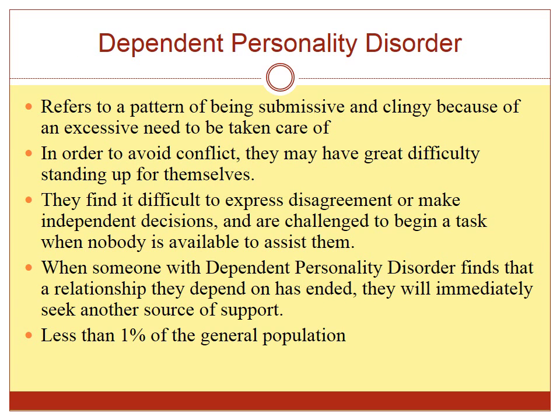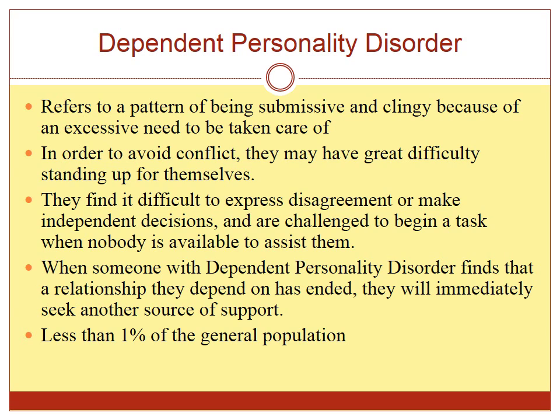A dependent personality disorder refers to a pattern of being submissive and clingy because of an excessive need to be taken care of. In order to avoid conflict, they may have a great difficulty standing up for themselves. They find it difficult to express disagreement or make independent decisions and are challenged to begin a task when nobody is available to assist them.